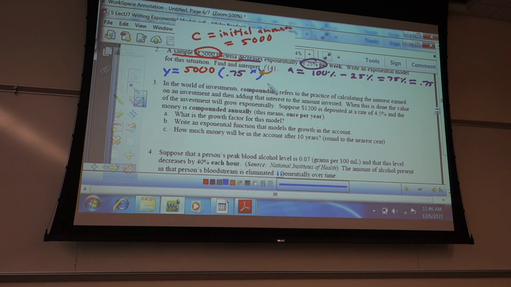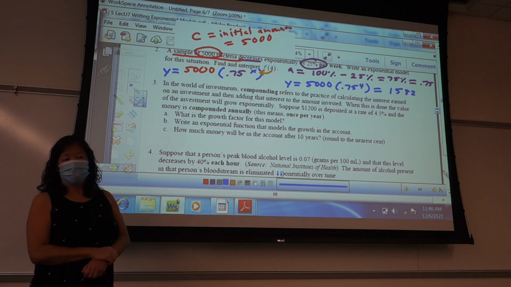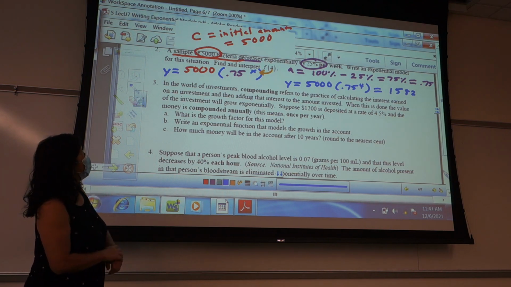We'll have y equals 5,000 times 0.75 to the 4th power. So what did you all get for that? 1,582.03. Okay, so let's round it off to the nearest bacteria. And that seems like a reasonable amount.